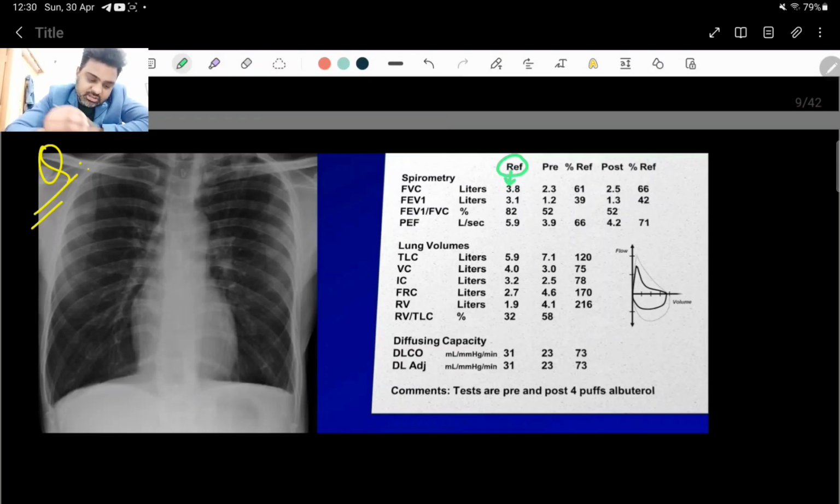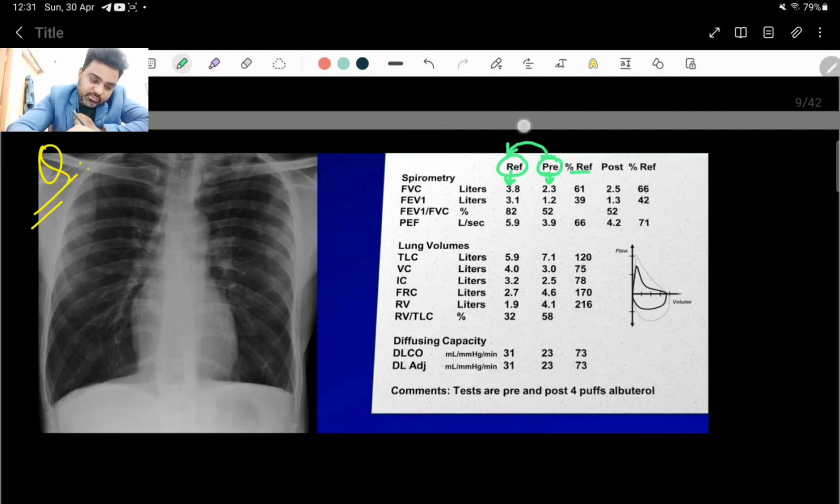This pre means it is the value that we have obtained before giving bronchodilator salbutamol, and this percentage reference is the ratio of pre upon reference.